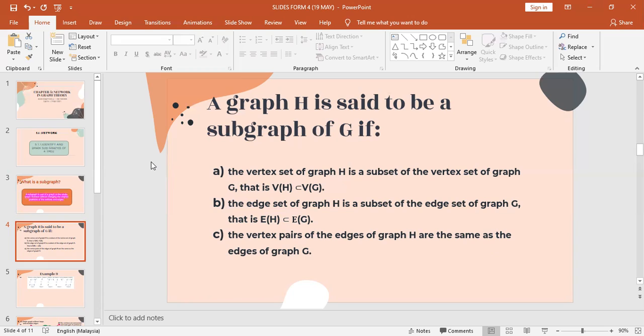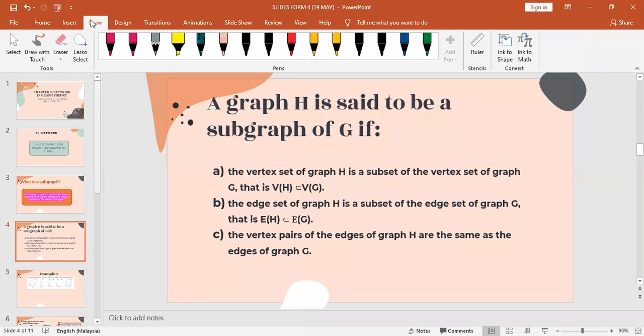Okay. Tahu tak subset tu apa? Do you still remember what is subset? Does anybody remember what is the meaning of subset? Okay, subset ni, let's say we have two.